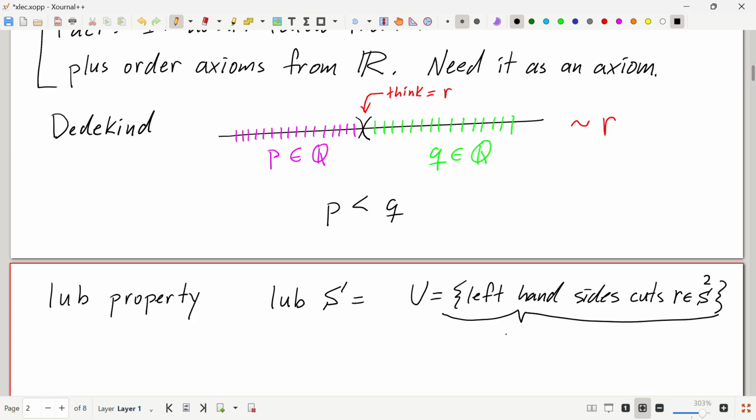So this is the union of the left-hand sides of the cuts, and this is the left-hand side of the cut for the LUB.